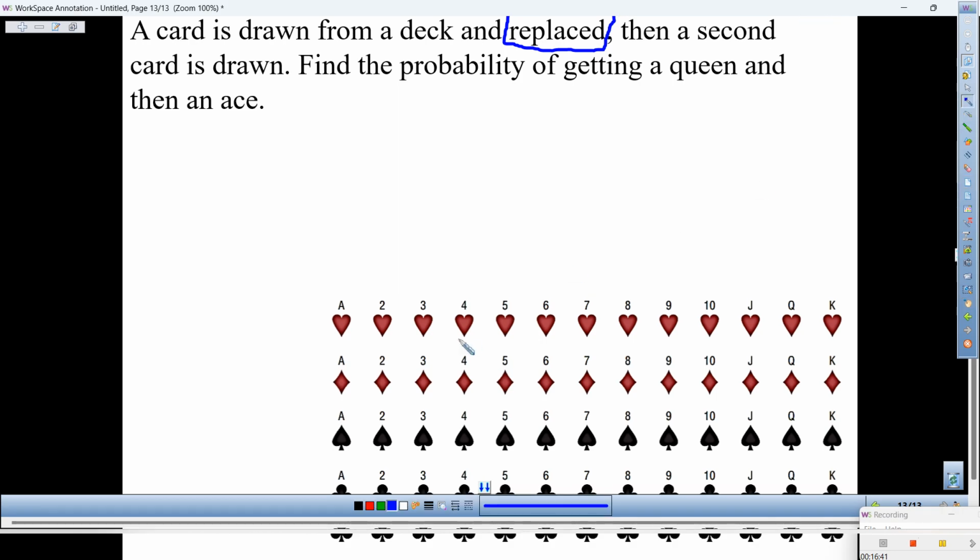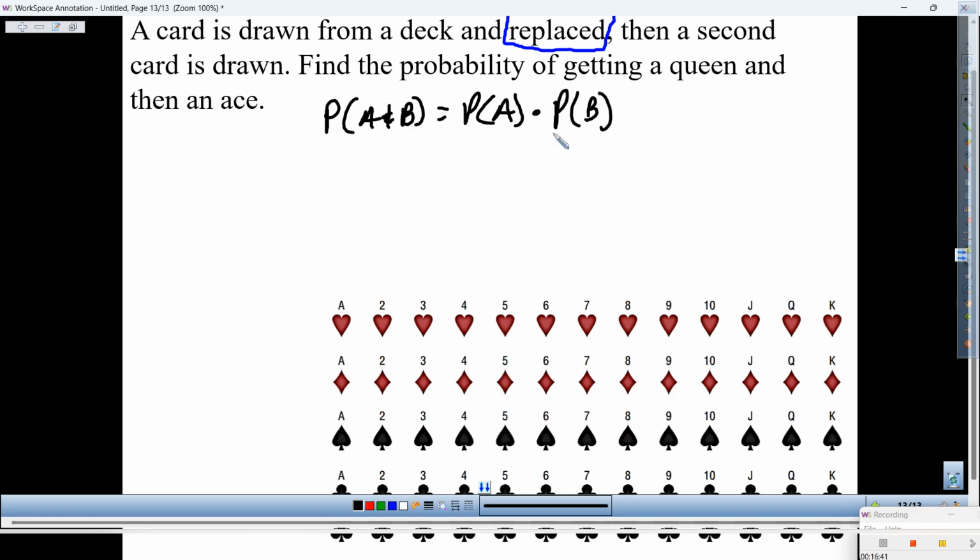All right. So with that said, let's go through this process. Start with a formula. Here we go. P of A and B is equal to P of A times P of B. All right. So now you should be able to fill out the second portion. Fill it out.